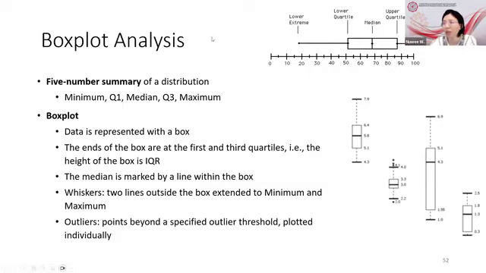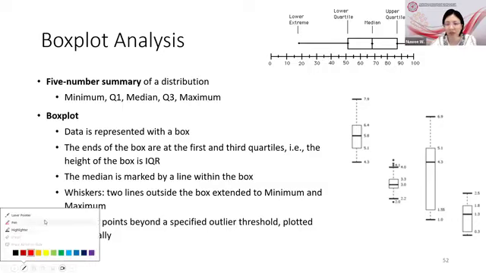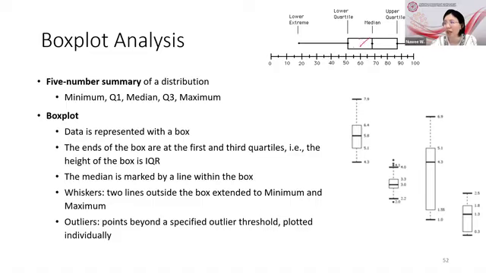And in Excel, it also marks the mean with a cross inside the box. The lines are called whiskers. They extend to the boundary of the minimum that is not an outlier and the maximum that is not an outlier.